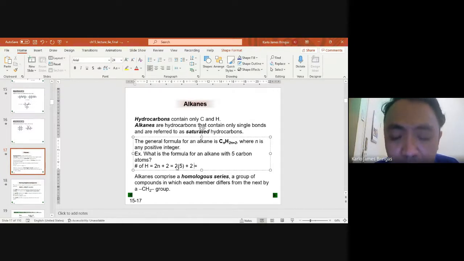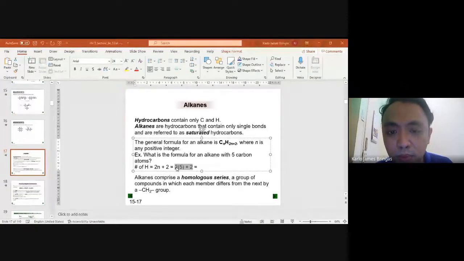Can you please compute for me how much is 2 times 5 plus 2?